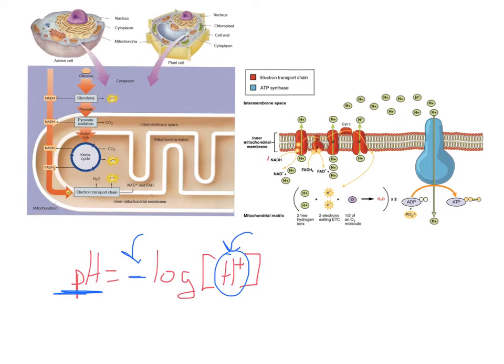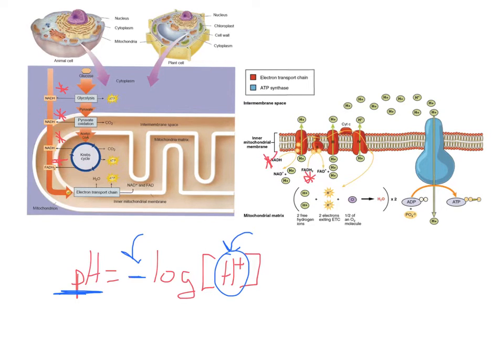Where did this molecule here and this molecule here, where did this come from? They came from glycolysis and again from the citric acid cycle. So we got this NADH here, NADH here, NADH here, and FADH2 here. All of these came down to the electron transport chain, and this is where they end up helping.